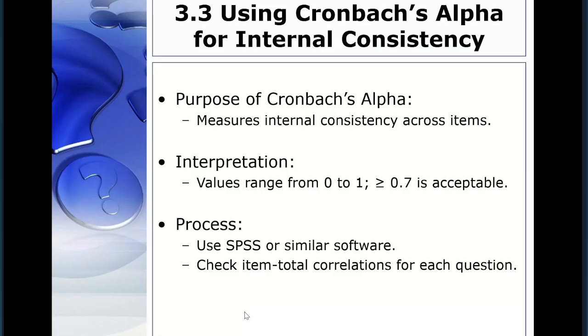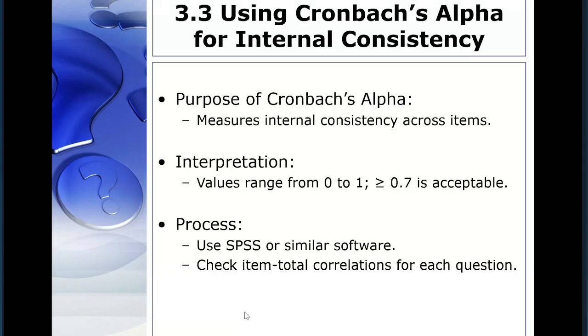Now, using Cronbach's alpha for internal consistency. Cronbach's alpha is widely used to measure internal consistency, confirming that items in a scale are all related to the same construct. A Cronbach's alpha of 0.7 or higher is generally acceptable, indicating reliable inter-item consistency.